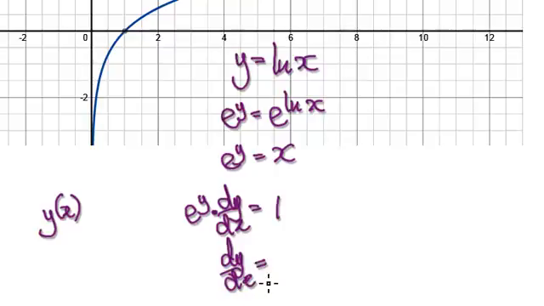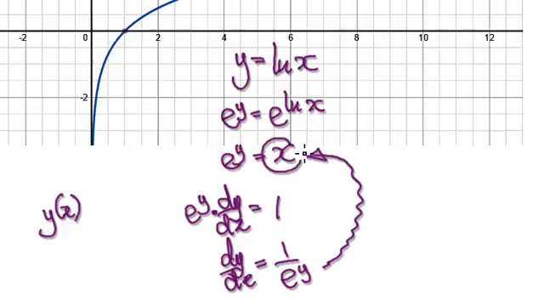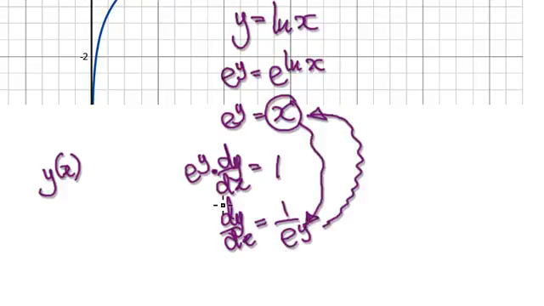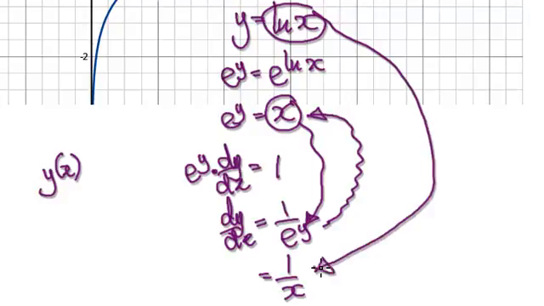That gives you 1 over e to the power of y. But you don't want the answer in terms of y, so you go back and realize that e to the power of y is x. So you can put x into here, and that becomes 1 over x. So when you differentiate natural log of x, it gives you 1 over x.